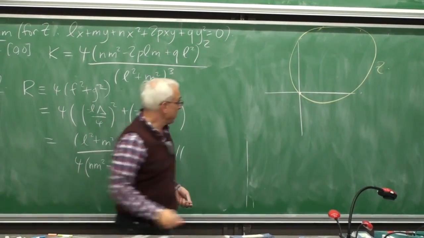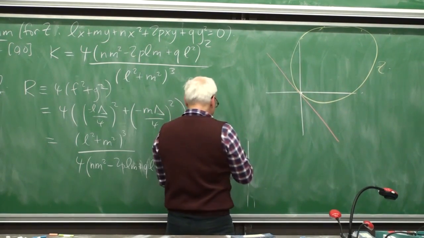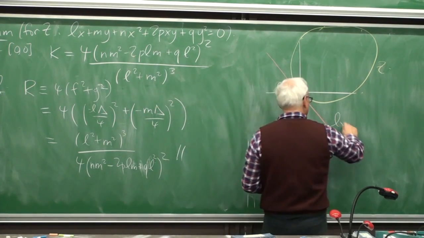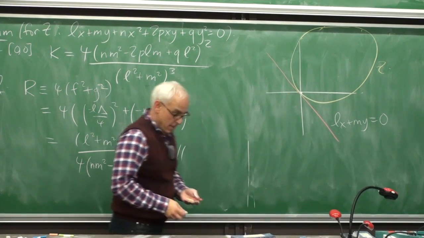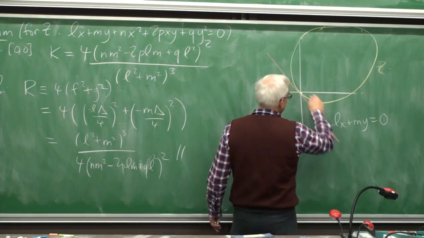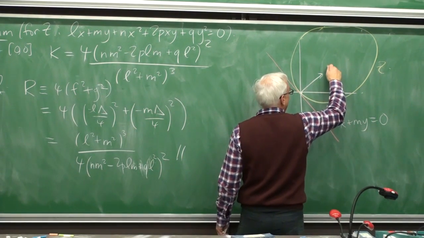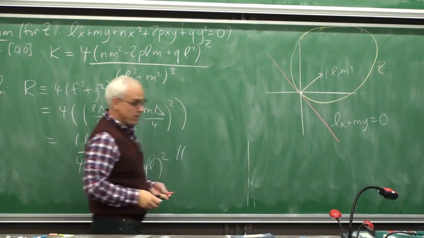And at the origin, there is a tangent line, and the tangent line is given by the linear term. So Lx plus My equals 0. And that means that the normal to that tangent line is LM. Of course, it could be in this direction, we don't know.